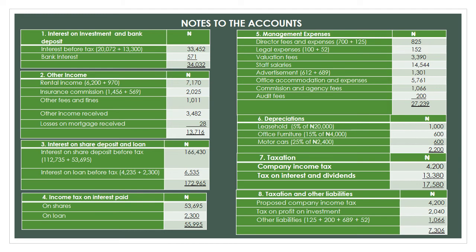Then you have the other tax is from the tax on interest and dividend. Which can be seen, let's see, so we can give that explanation later. I can't figure out now where that figure is coming from.